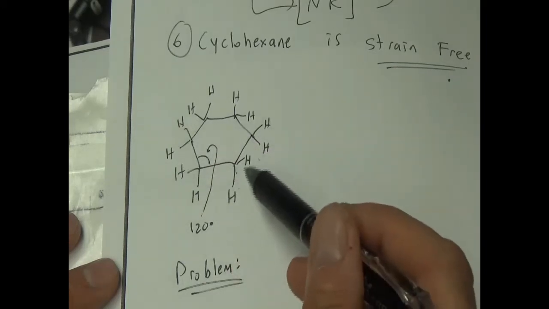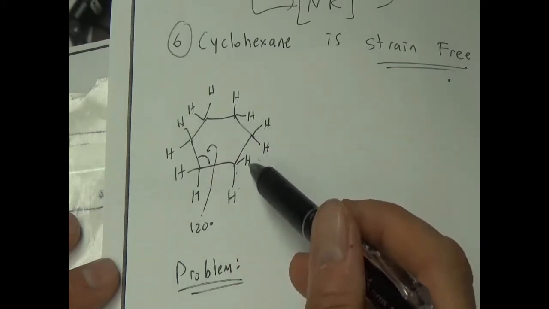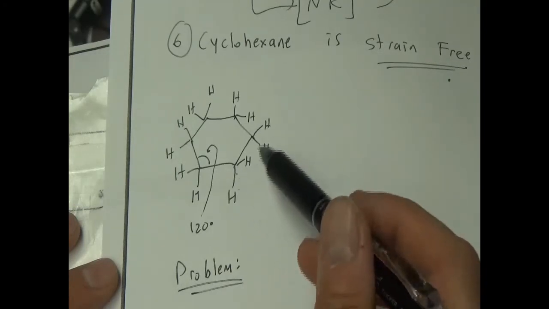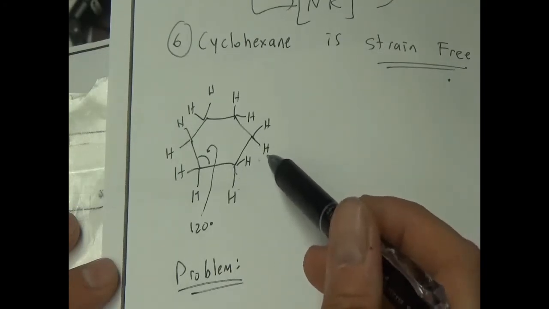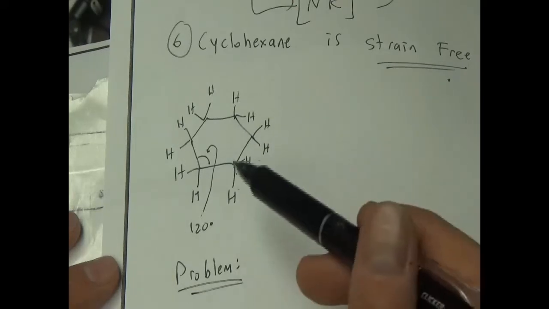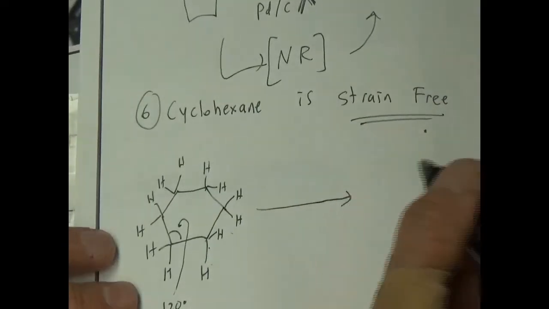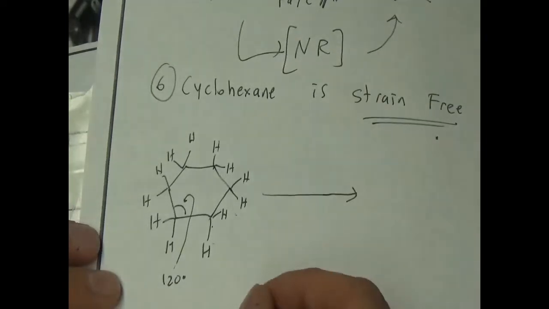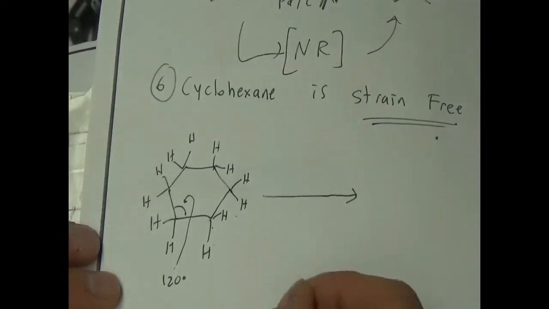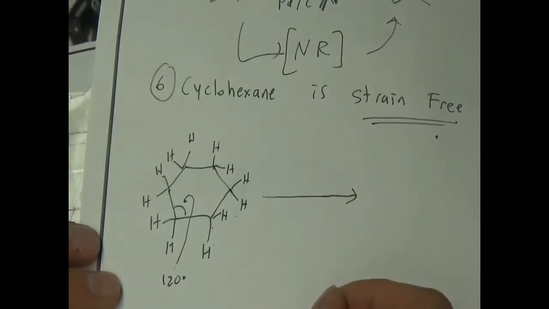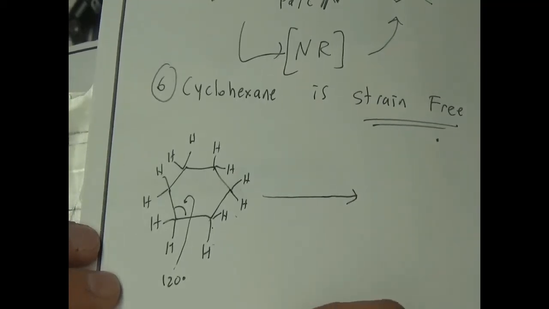They would all be eclipsing, right? One H would be coming towards us, one would be going away. They would all be eclipsing, and that would be very problematic. All CH2s would be eclipsed.